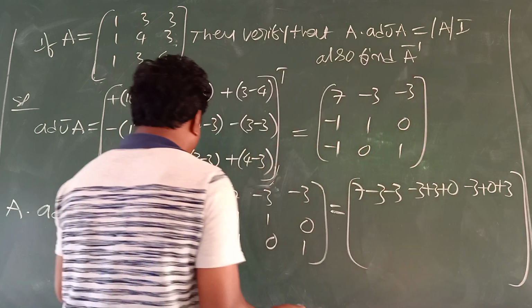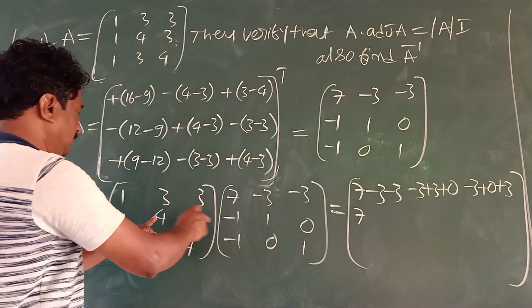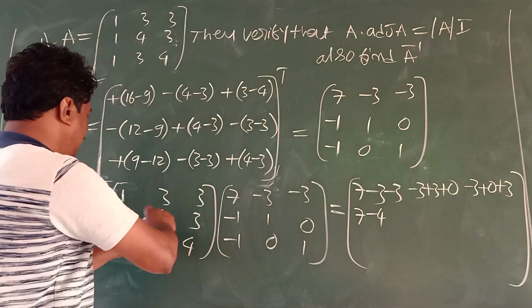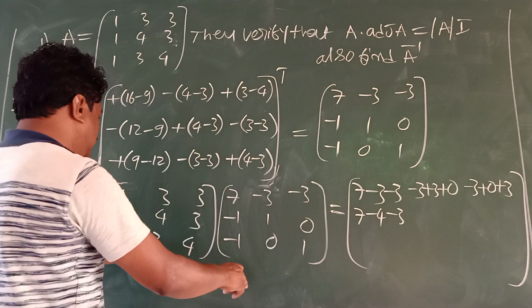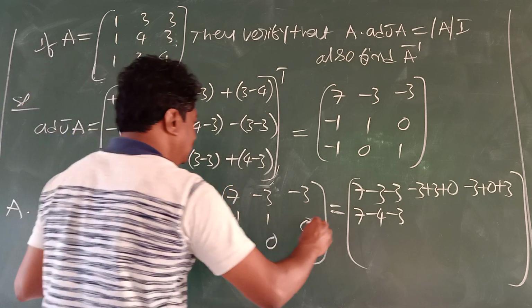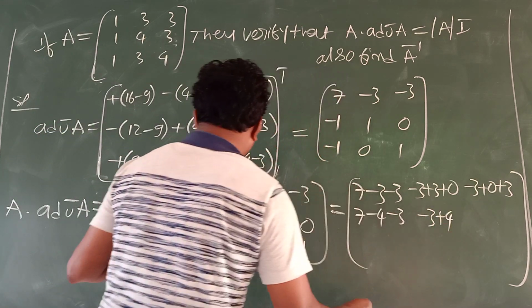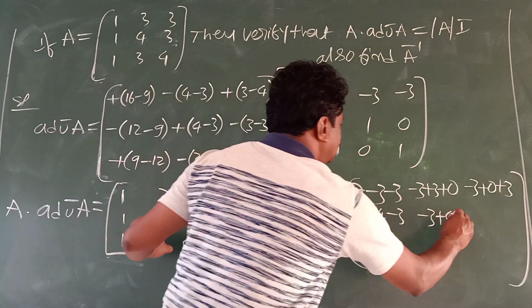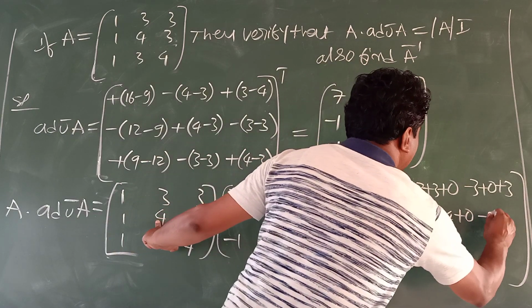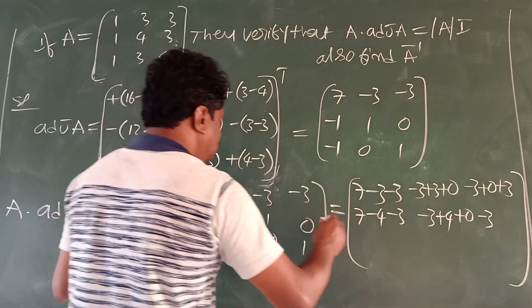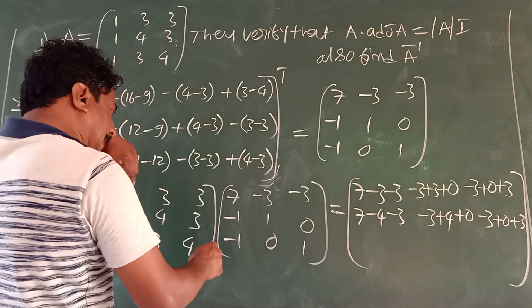Second row first column: 7 minus 4 minus 3. Second row second column: minus 3 plus 4 plus 0. Second row third column: minus 3 plus 0 plus 3.